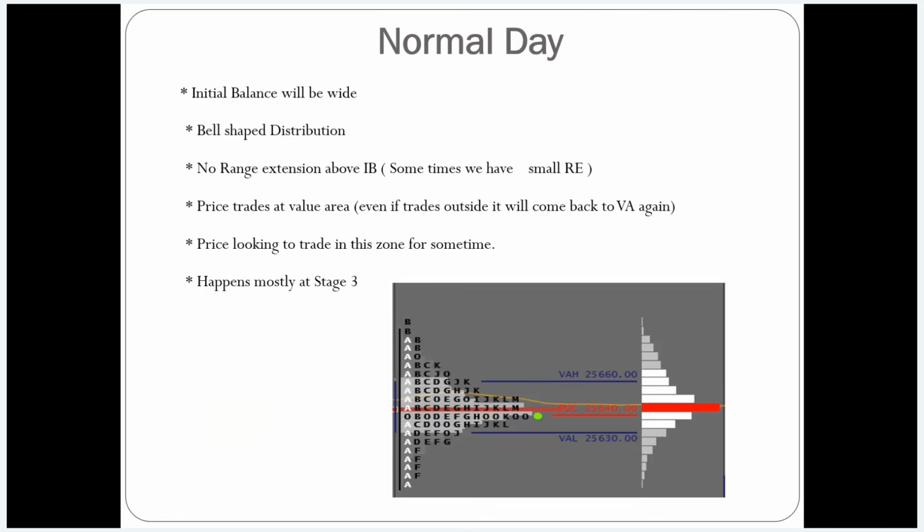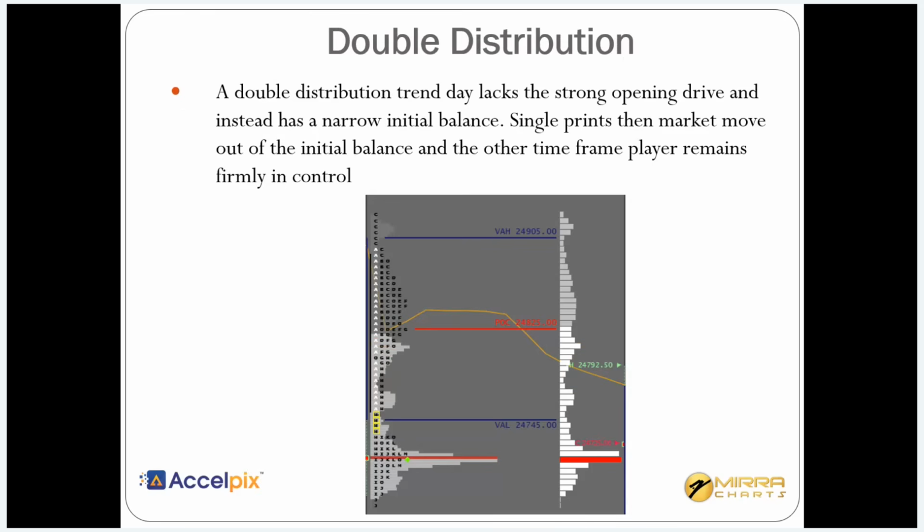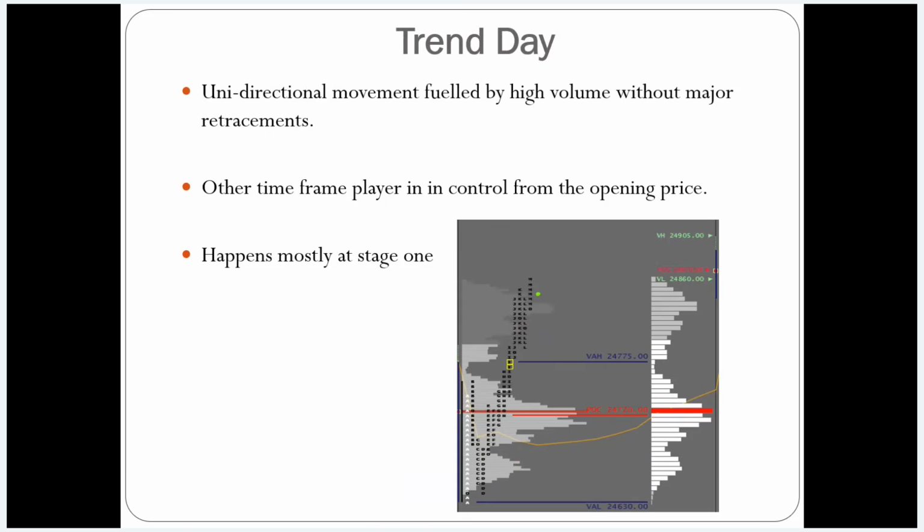Next, we are going to see the day types. In day type, we have normal day, normal variation day, neutral extreme day, double distribution trend day, and trend day. Okay.